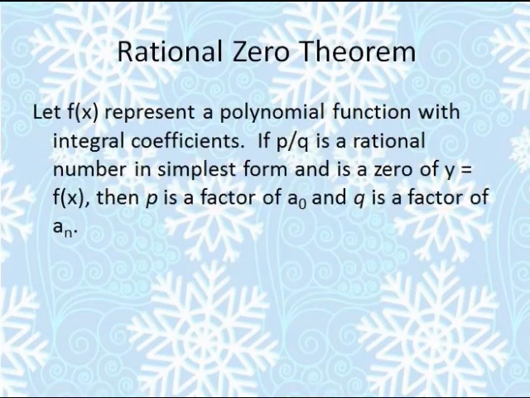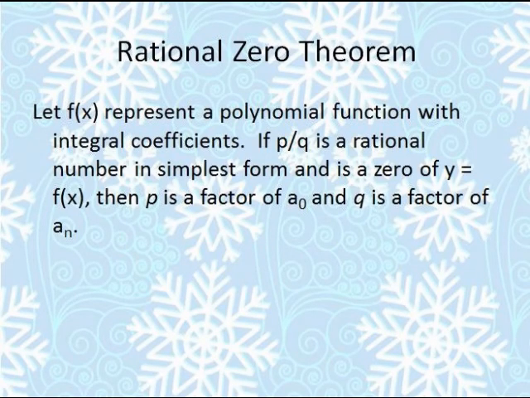So go ahead and copy down this theorem, which is the rational root or the rational zero theorem, which just says let f of x represent a polynomial function with integral coefficients, and that just means they're whole numbers, no fractions, no decimals. If p over q is a rational number in simplest form, remember, a rational number is just any fraction, could be a whole number, and is a 0 of y equals f of x, then p is a factor of a naught, and q is a factor of a sub n.